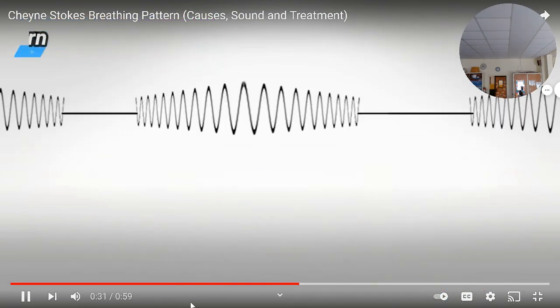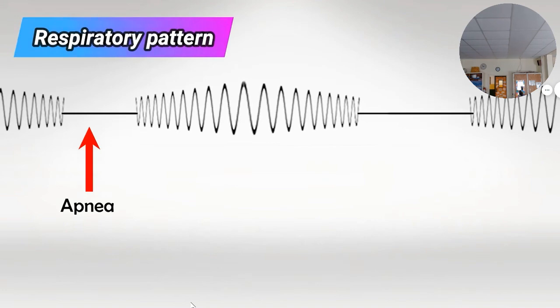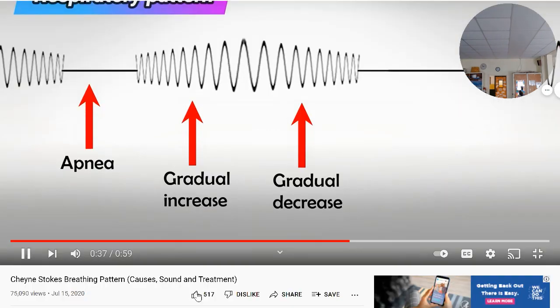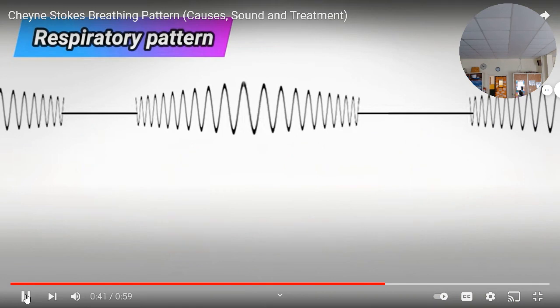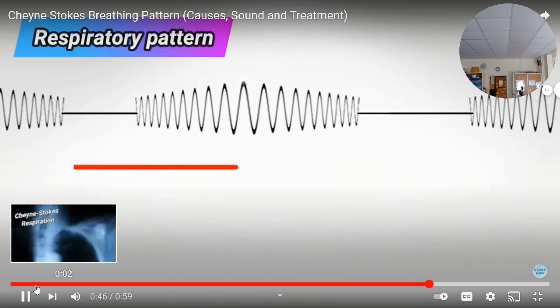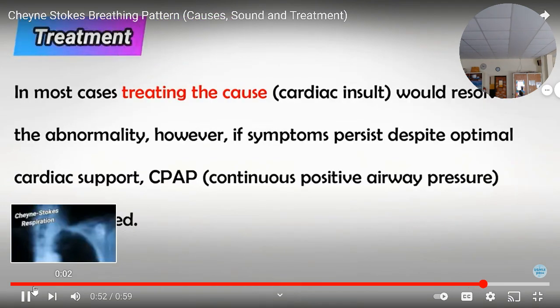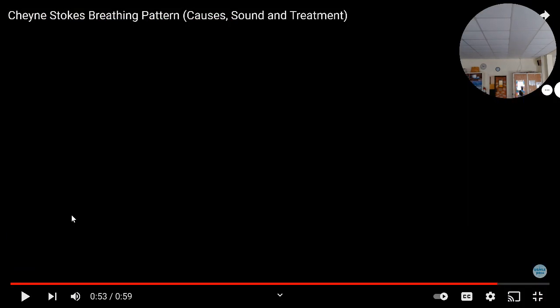Cheyne-Stokes breathing pattern is described as a period of apnea followed by a gradual increase and decrease, and another episode of apnea. And here's how it sounds. In most cases, treating the cardiac cause resolves the pathology.